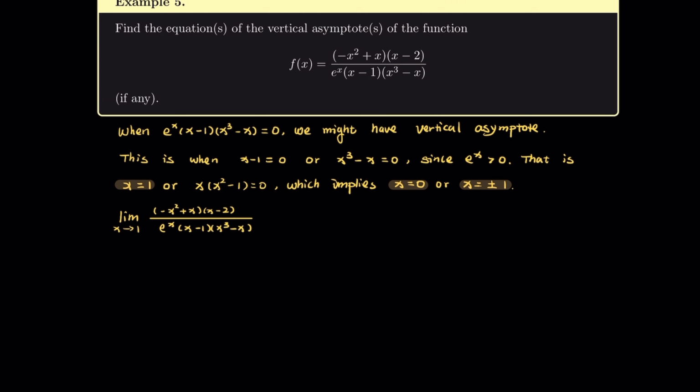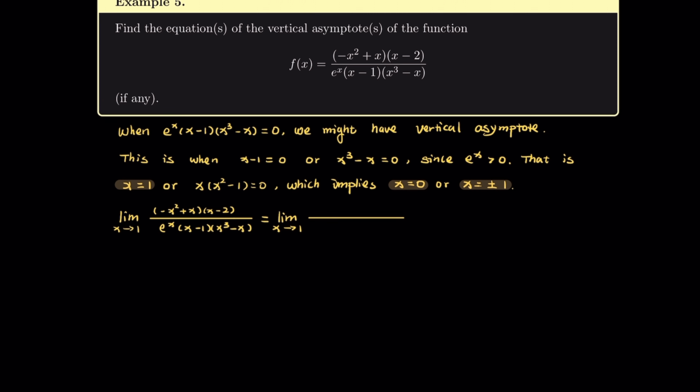Before I do anything, let's see if we can simplify this fraction first. I can see that for the top I can factor out an x here, and for the bottom I can factor out an x here as well, so maybe they will cancel out.